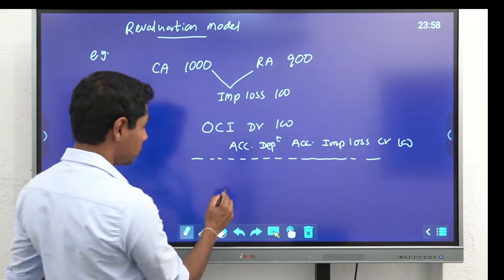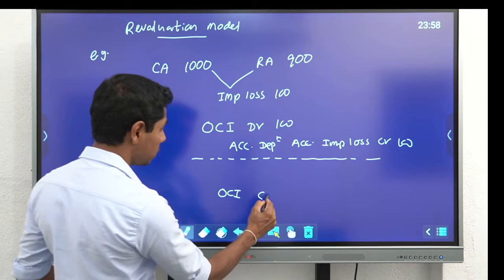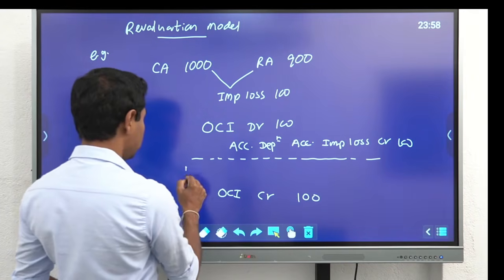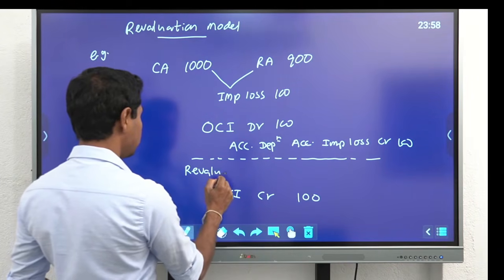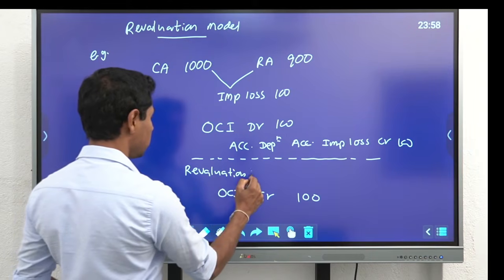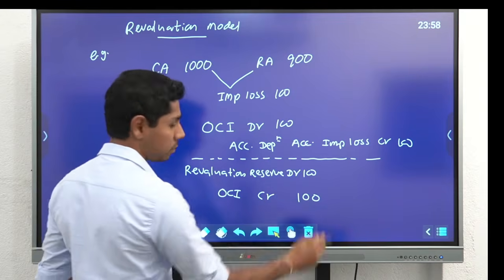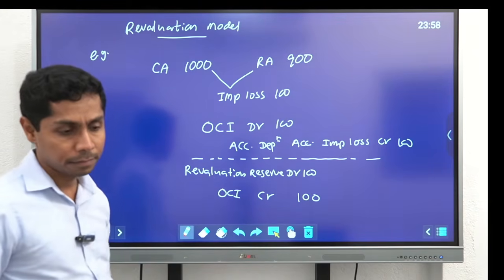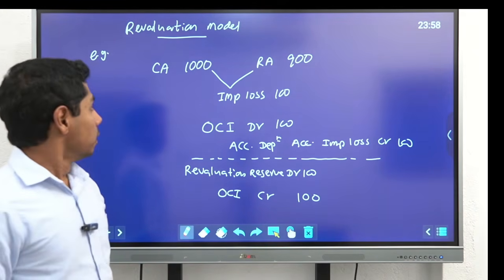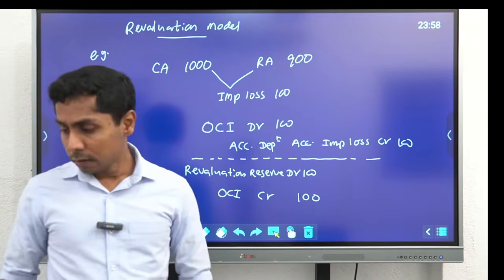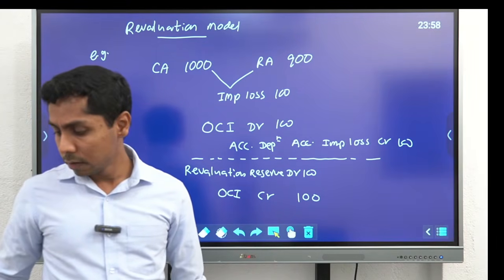Therefore, to transfer this amount, OCI credit 100, revaluation reserve debit 100. That is a transfer entry. Okay, right, that's the answer for the example. That's explained in the slide as well.